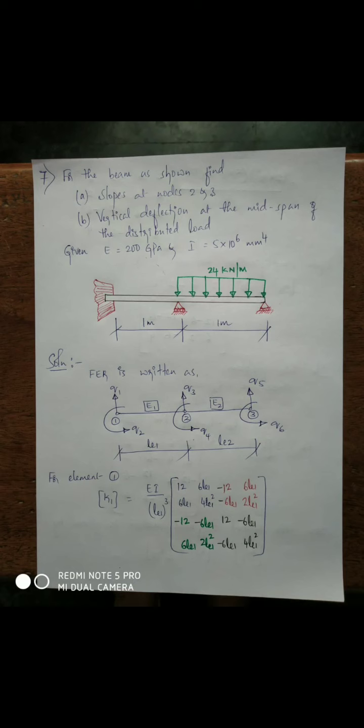Last point, only when there is an application of a type of load called as UDL, you have to determine a new terminology called as vertical deflection or maximum displacement, which is given by a separate formula that has been shown at the end of the solution of this particular problem.